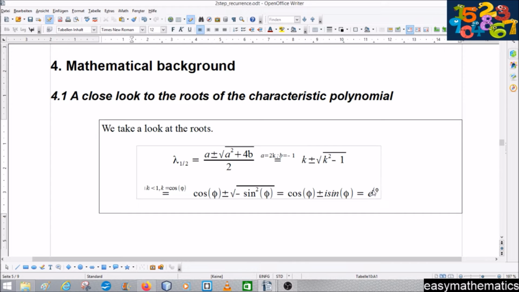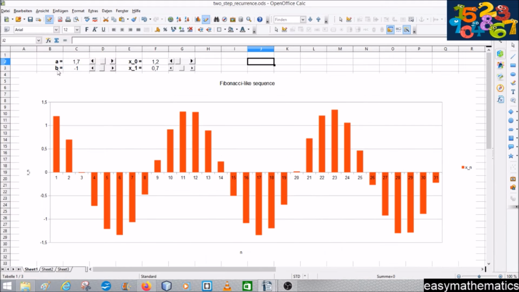Sorry for that. But what I want to say is that here we see it is possible that we get some periodic behavior. So if we choose a as 2k and b as minus 1, and we have seen this here, b minus 1, now we get the periodic behavior.